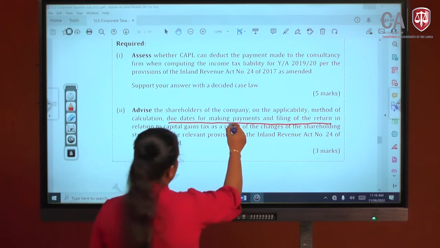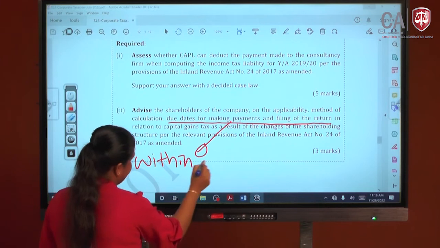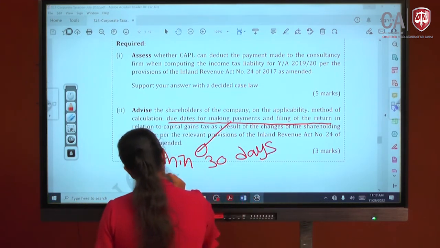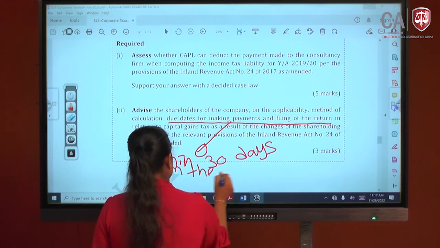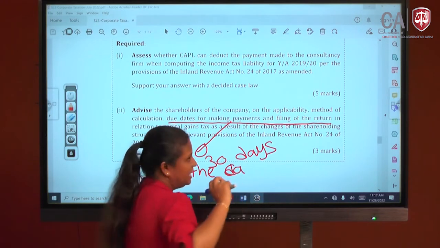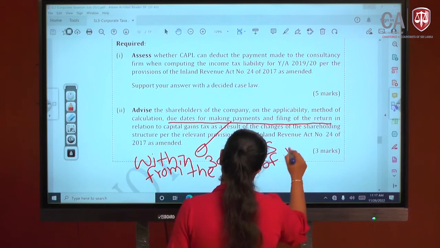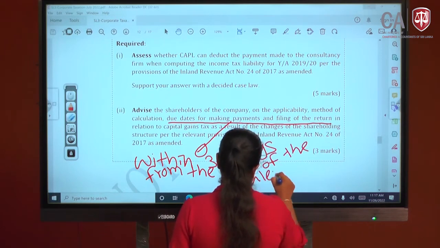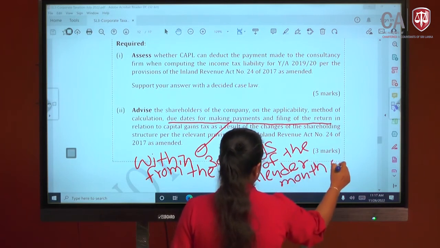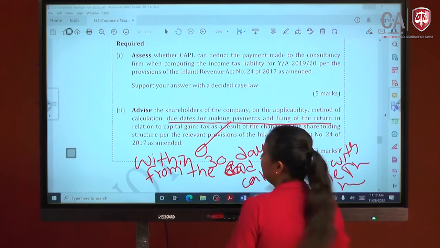What's the due date of making the payment? It's within 30 days from the end of the calendar month in which the transaction happened.